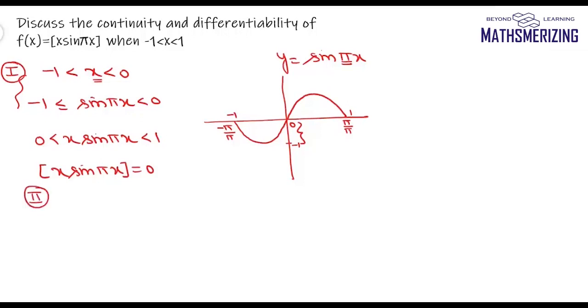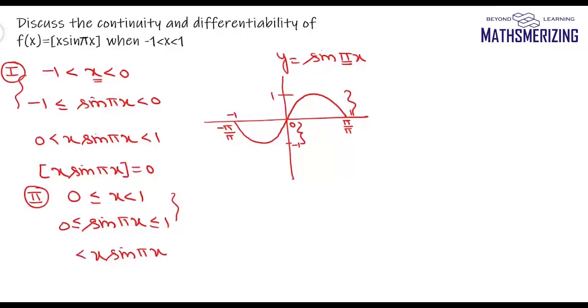Now I'll take the second case, when the value of x lies between 0 and 1. So when x lies between 0 and 1, the value of sin pi x will also lie between 0 and 1. Now if I multiply it, I'll get this value x sin pi x will always be greater than or equal to 0, but less than 1.